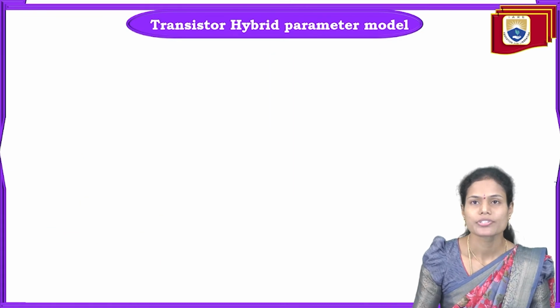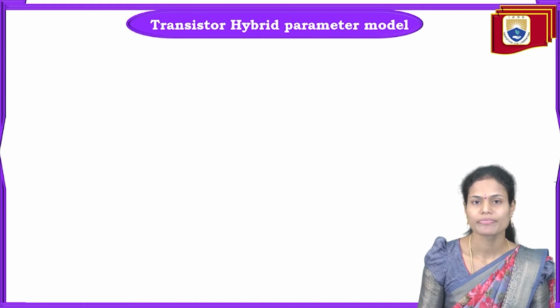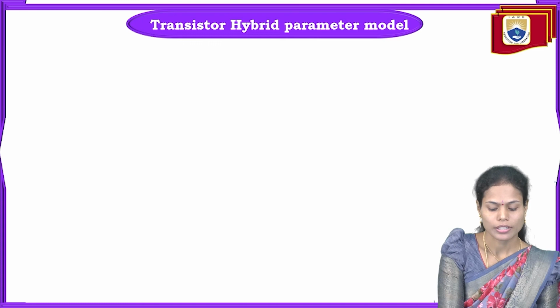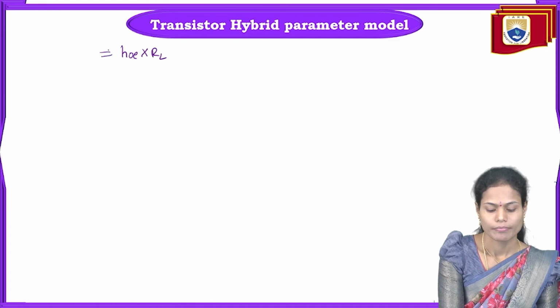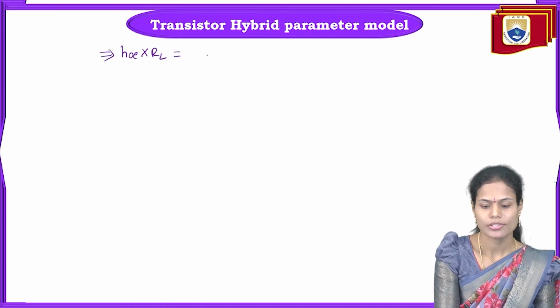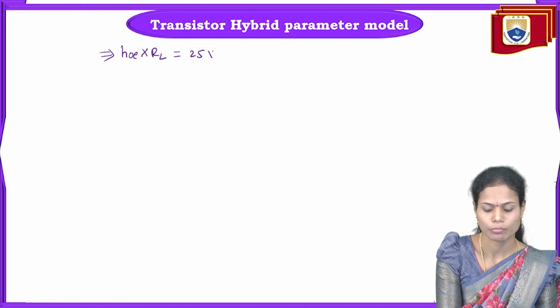And as I have already mentioned, before going to the calculation we have to check whether we need to go for the approximate analysis or the exact analysis. For that purpose, we need to check the value of HOE into load resistance. The HOE value is given as 25 micromhos, 25 into 10 power minus 6, and the load resistance is 47 kilo ohms.